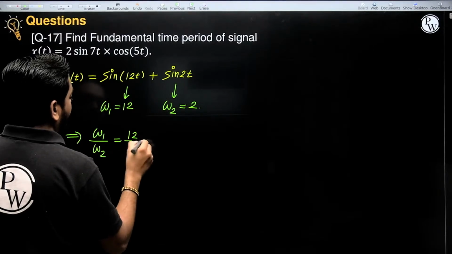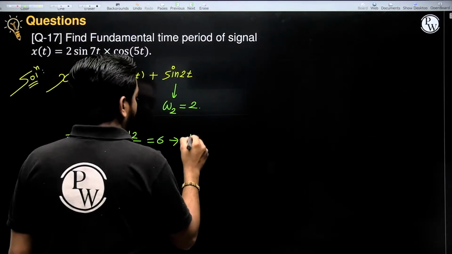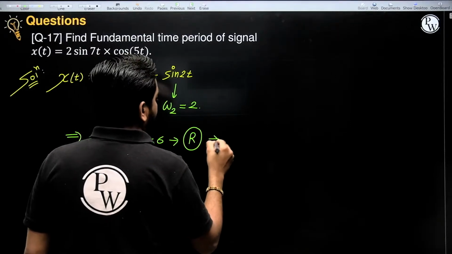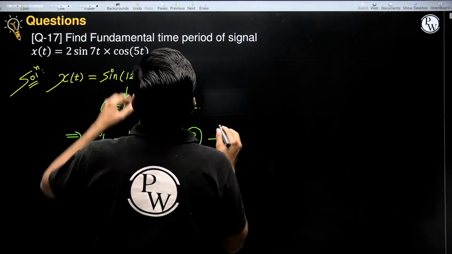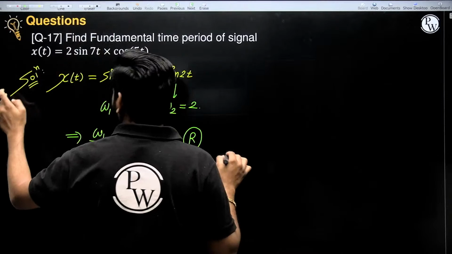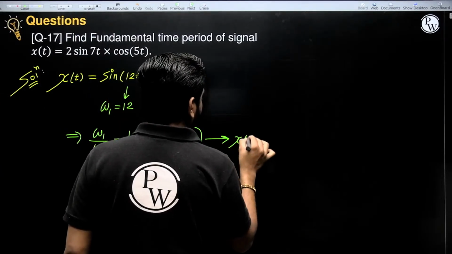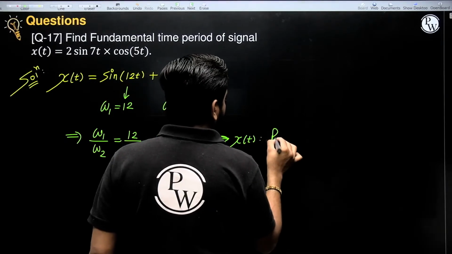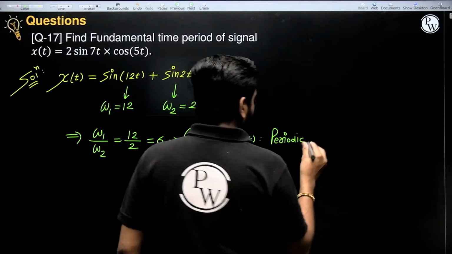So 12 by 2 is 6, which is a rational number. A rational number indicates the given signal, x of t, is a periodic signal.